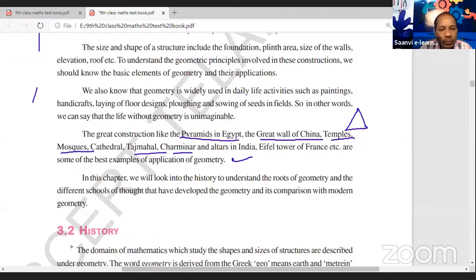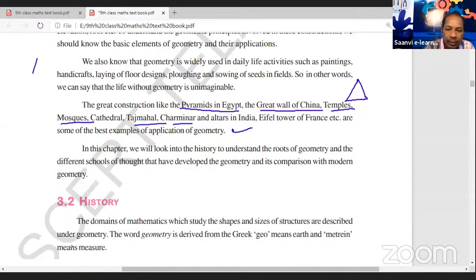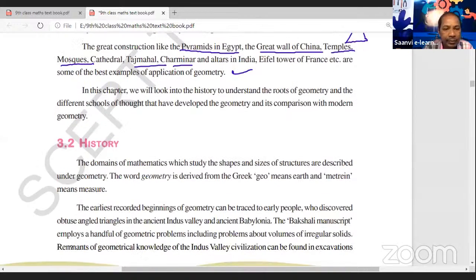So in this chapter, we will look into the history to understand the roots of geometry and the different schools of thought that have developed geometry and its comparison with modern geometry. See here, a brief history is given about geometry. The dimensions of mathematics which study the shapes and sizes of structures are described under geometry.